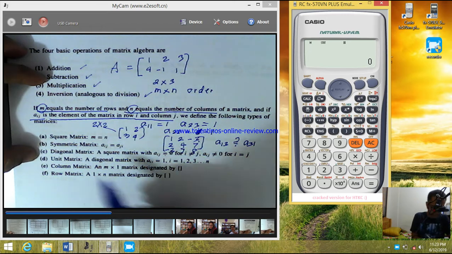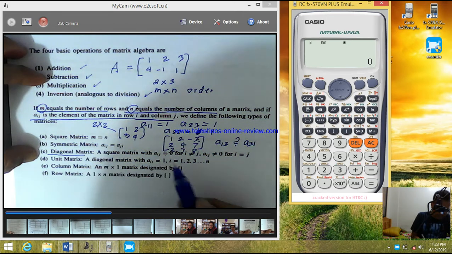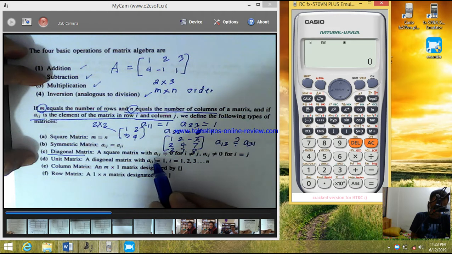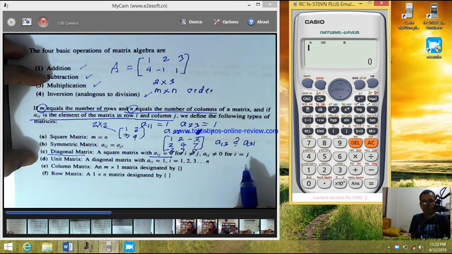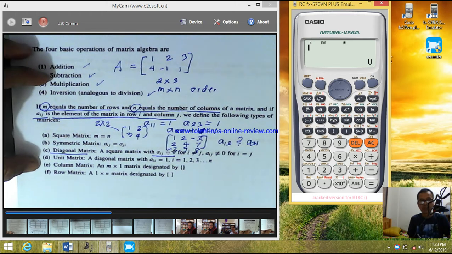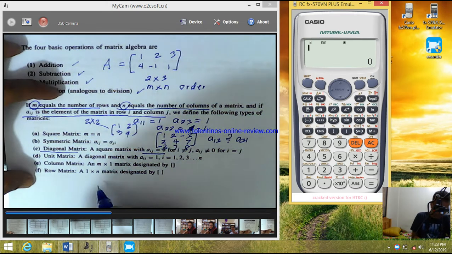What about a diagonal matrix? A diagonal matrix is a square matrix in which aij equals 0 for i not equal to j, and aij is not equal to 0 for i equal to j. Ang ibig sabihin lang ng diagonal matrix, let's have an example: 7, 8, 9.